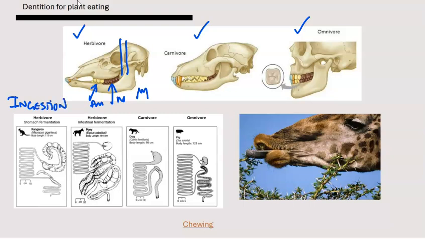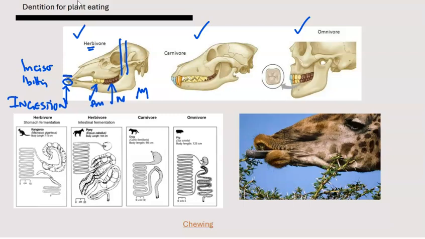Another characteristic feature of herbivores is that their front dentition, the incisors, which are teeth for biting, may actually only be present on the lower jaw itself, and the upper jaw has a pad-like structure.